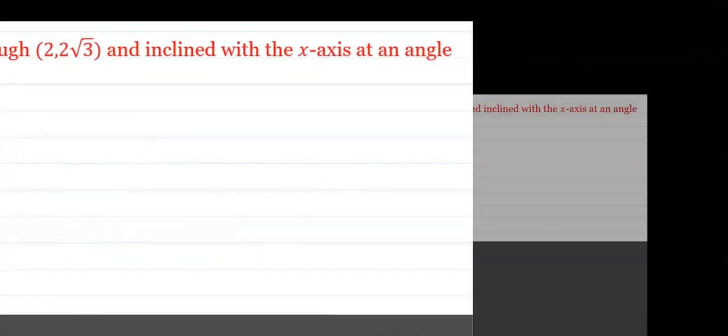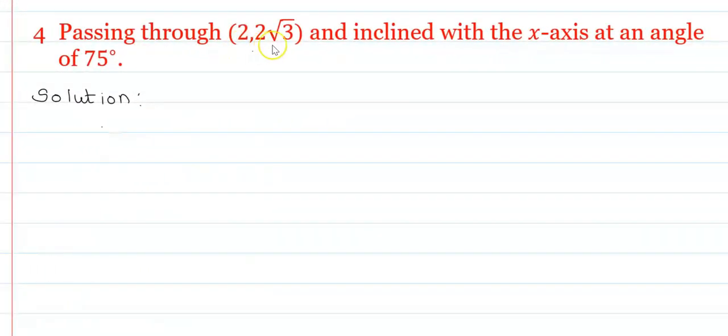Now the next question: equation of a line that passes through the point (2, 2 root 3) and is inclined with the x-axis at an angle of 75 degrees. Okay, now the point (x1, y1) is (2, 2 root 3).